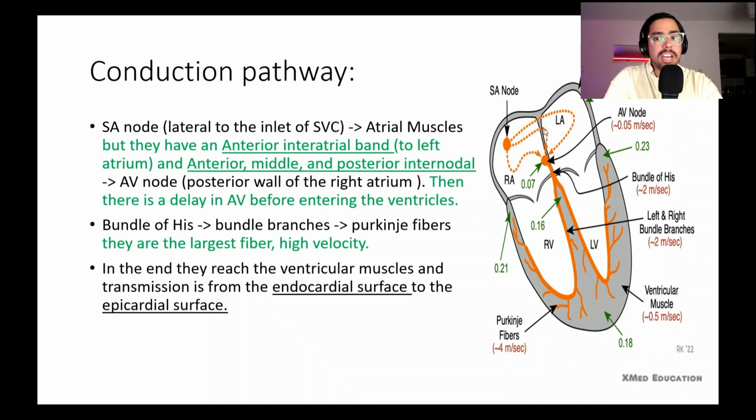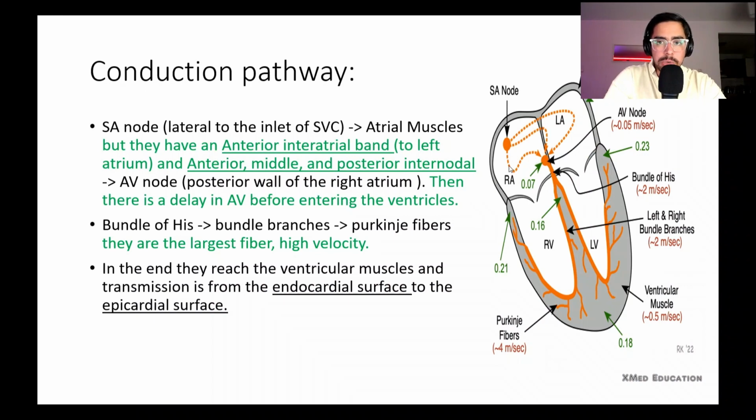So that's why we have two different speeds. If they go just through the atrial myocytes, it's gonna be around 3 meters per second, and if they go through these pathways, it can come up to around 1 meter per second. The velocity will increase by passing through these bands.